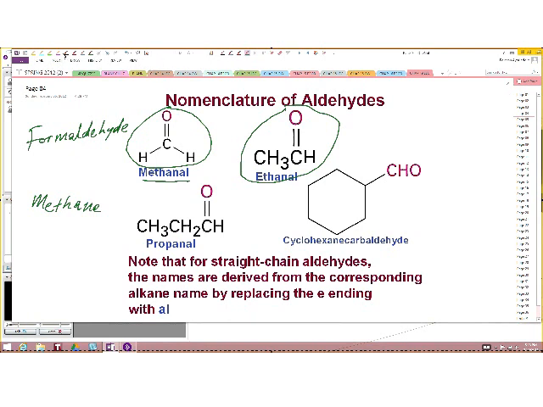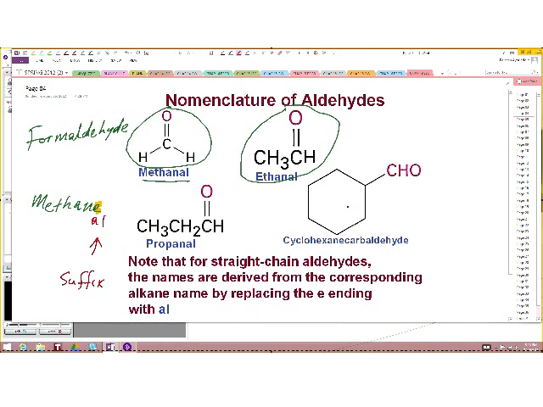We remove the e ending and we replace it with the suffix al. This is the suffix for aldehyde. So therefore we call this methanal. In the case of this molecule here with two carbon atoms, we refer to this as ethanal.